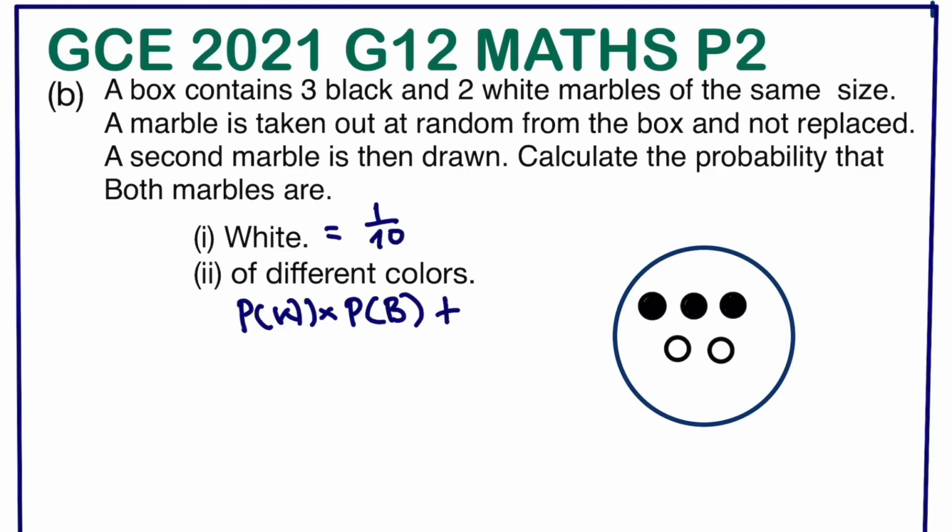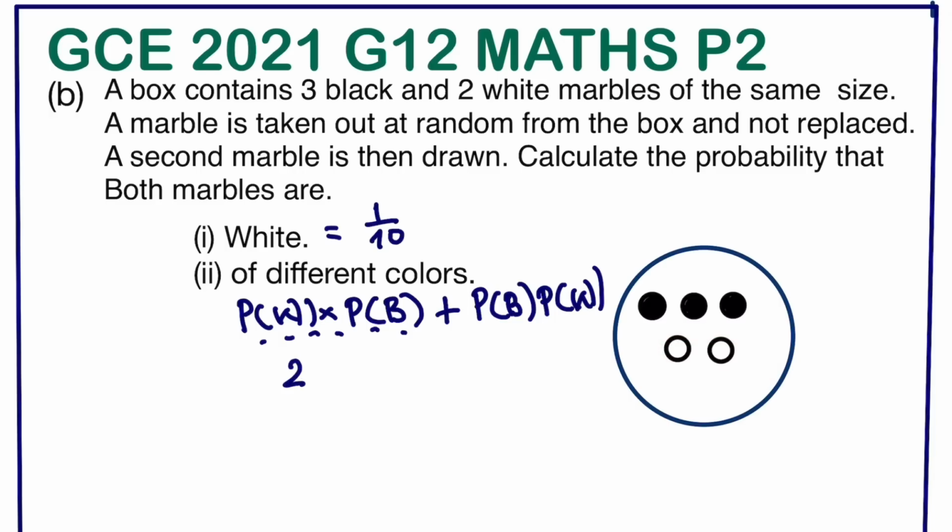Then we can have another draw. The second draw can be the probability of black times the probability of white. So looking at our first one, we are going to have the probability of having a white, which remains the same, 2 over 5.